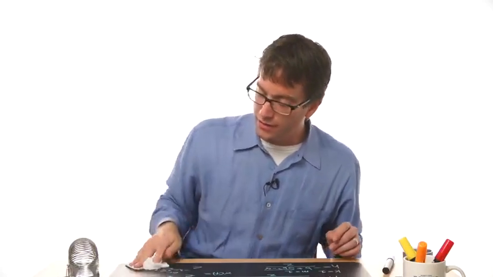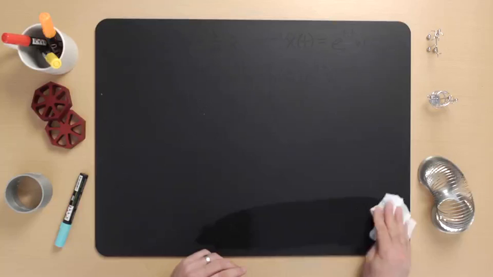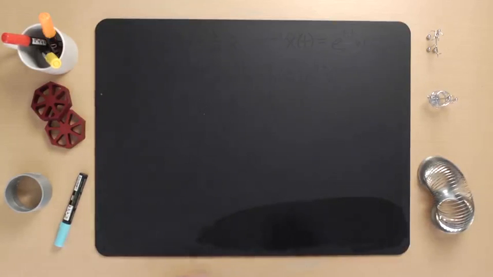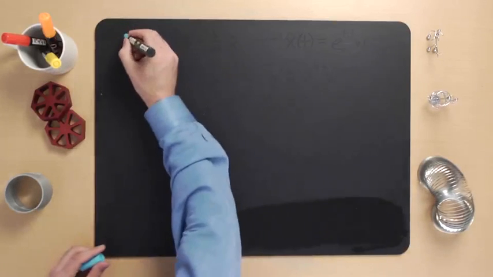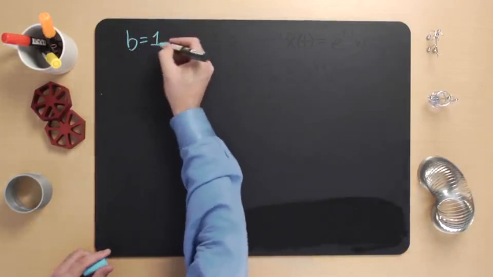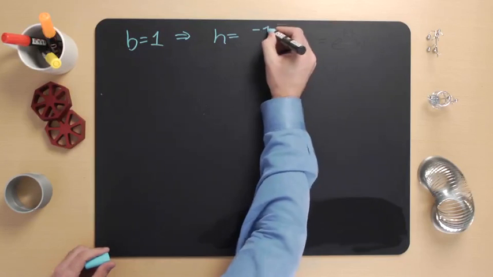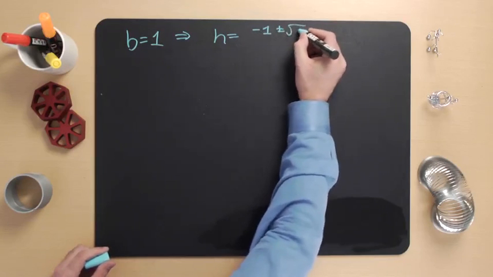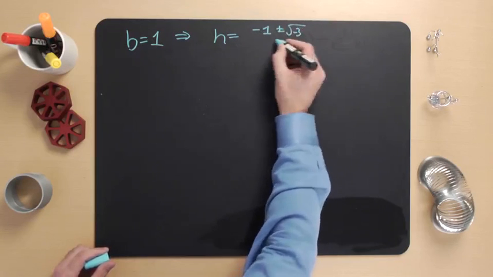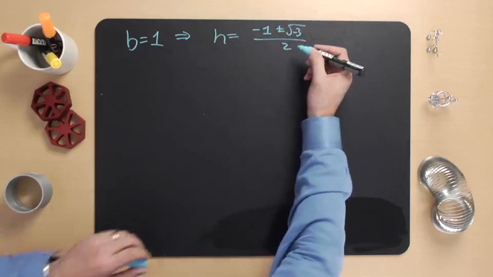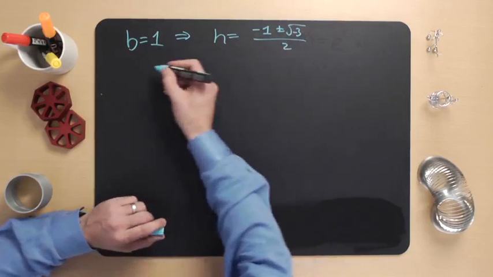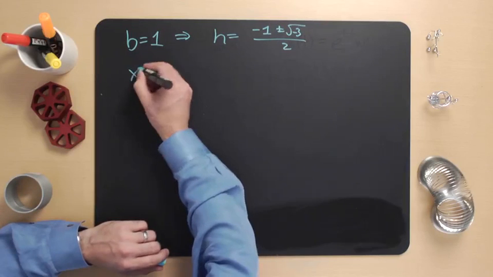If I instead choose b equal to 1, then I'll get a different type of solution. What we'll see is b equal to 1 implies that h is equal to minus 1 plus or minus the square root of negative 3, all over 2. Now, with that, I get two solutions.